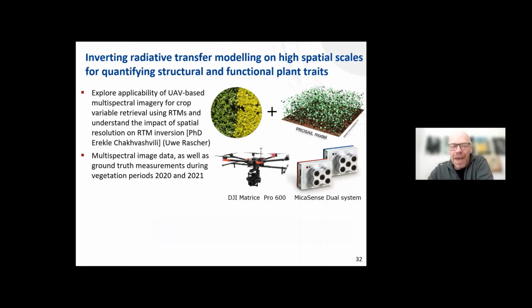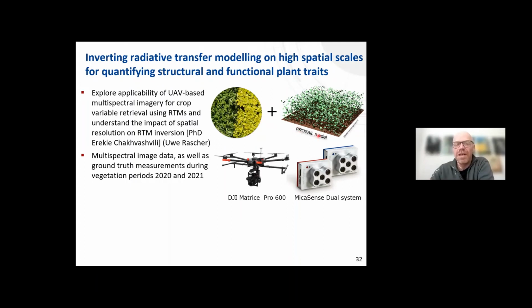What Echo wants to achieve is to use these 10 color channels in a so-called radiative transfer model (RTM) inversion, where he uses a combination of a leaf radiative transfer and a canopy radiative transfer model.